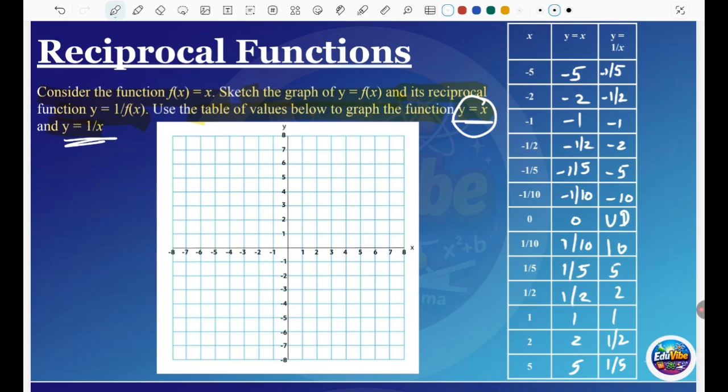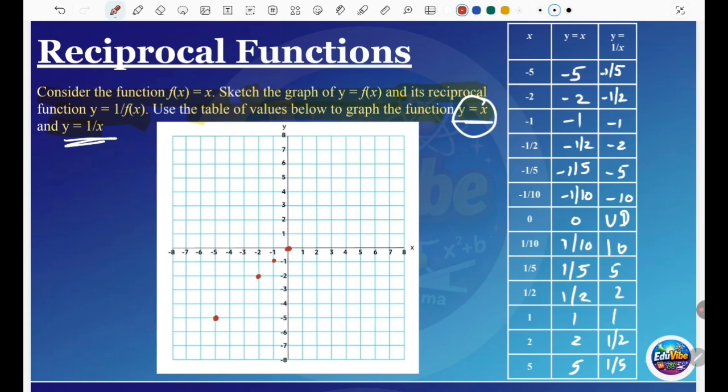Firstly, for the original function, if you make the graph, you put the point minus 5 comma minus 5 right over there, then minus 2, then minus 1, then 0. Now you have some points like minus half, which is 0.5 comma 0.5. I made some accurate points.